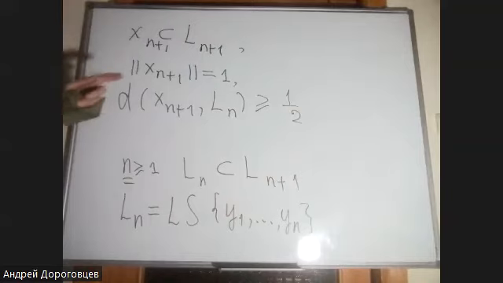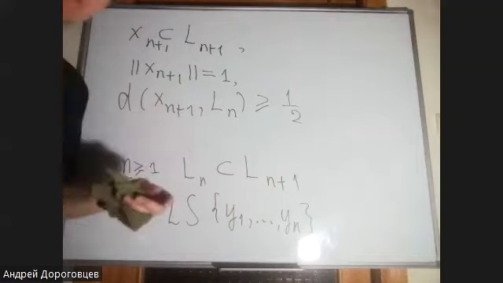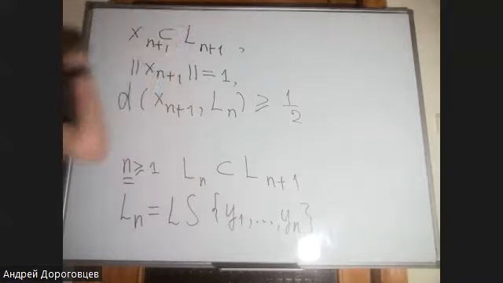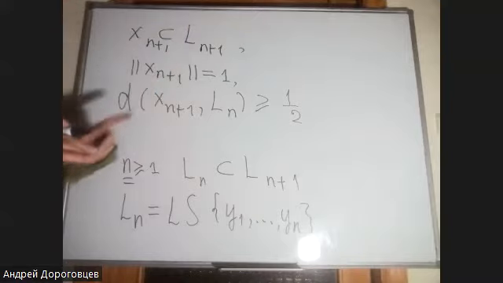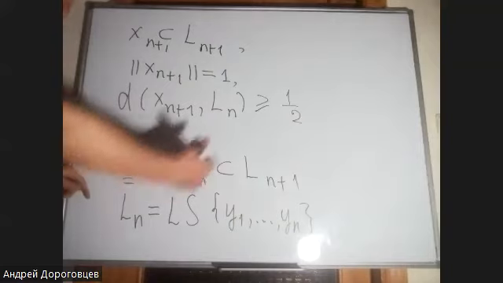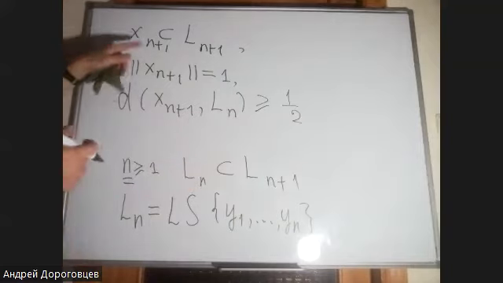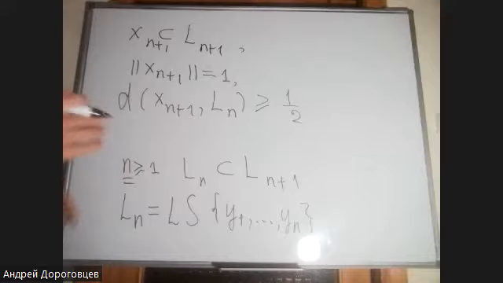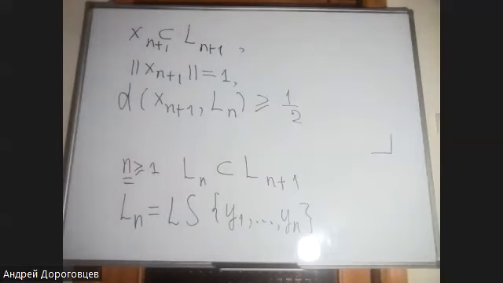Then when completing this procedure, I will get the sequence with desired properties. Why? Because you see, due to this inclusion, the previous elements of the sequence xn belong to Ln. So pairwise distances between the elements of the sequence will be no less than 1/2.